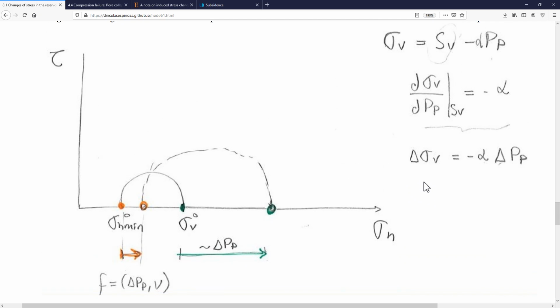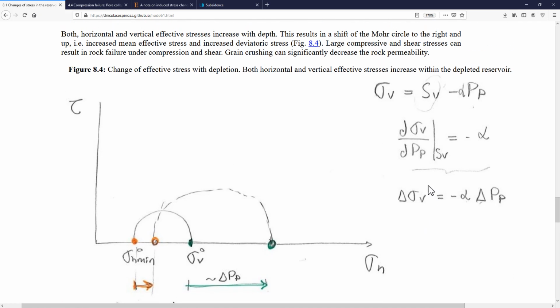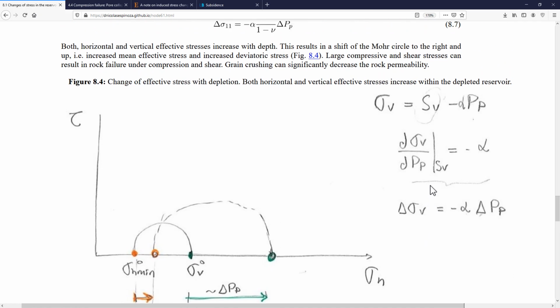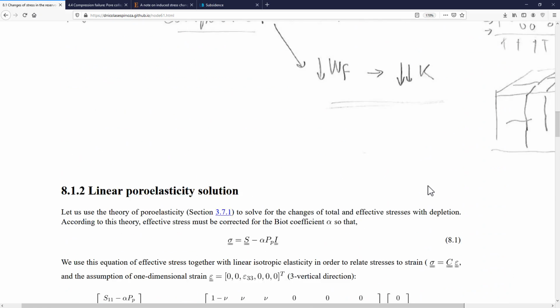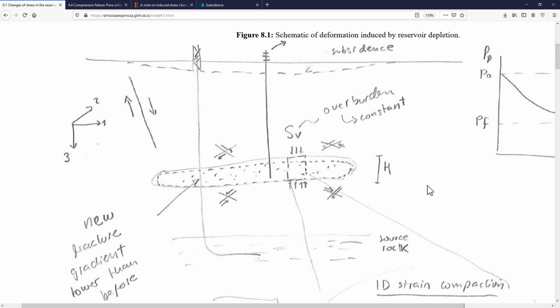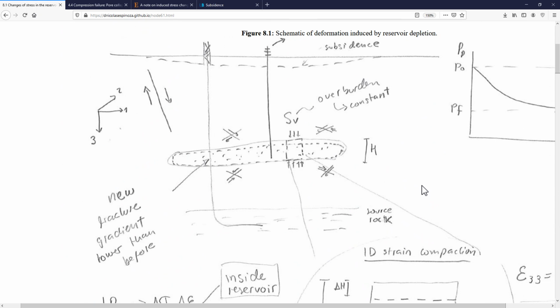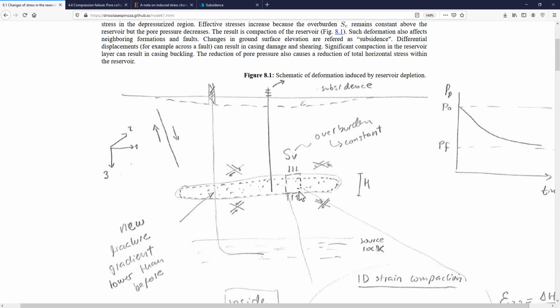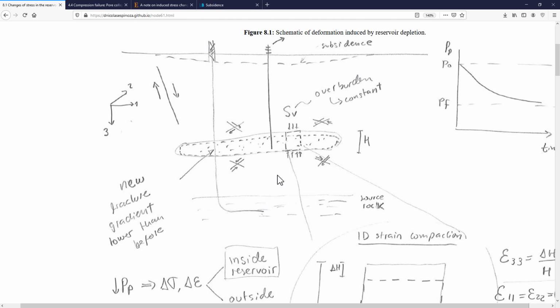All right, so with this short introduction and this simplified solution, we have seen, let me come back to the top, how we can predict in a formation like this, either in a conventional reservoir or in an unconventional reservoir, what is going to be the deformation expected due to depletion, and also the changes of stresses.